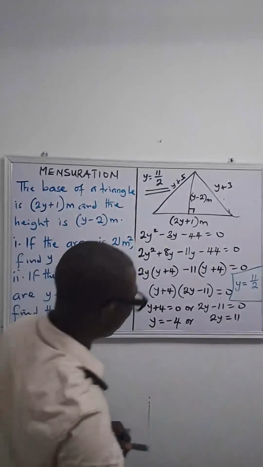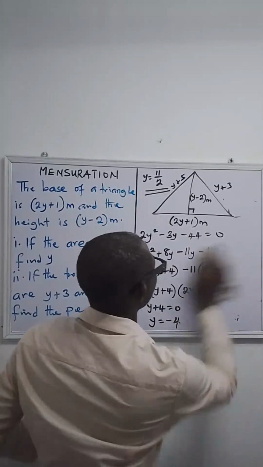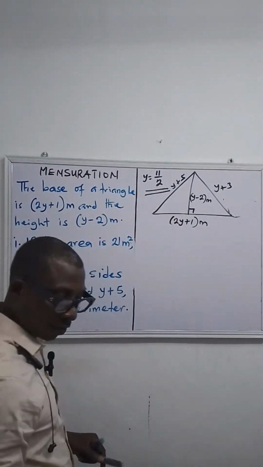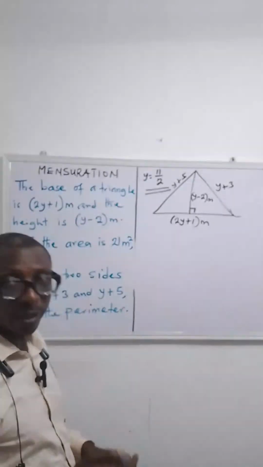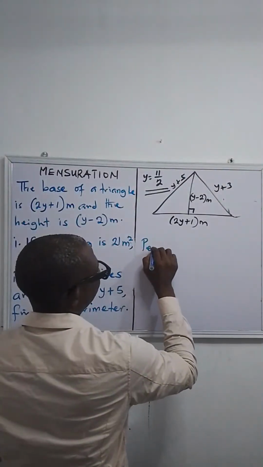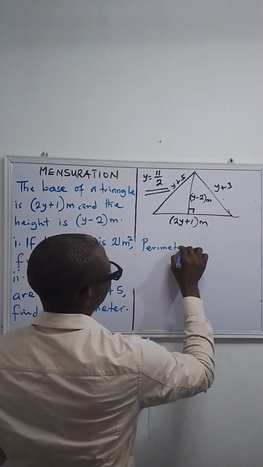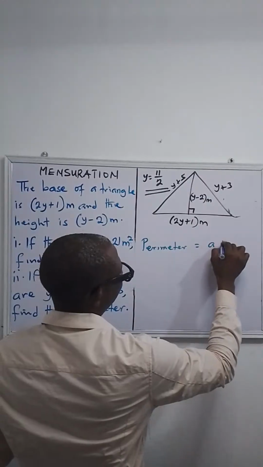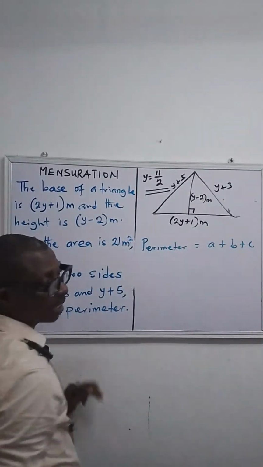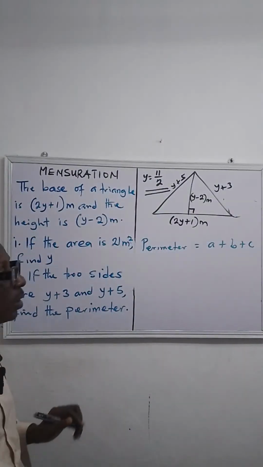Okay, so how do we go about this? The first thing is to write out the formula for calculating the perimeter of a triangle. The perimeter is A plus B plus C, where A, B, C are the sides of the triangle.